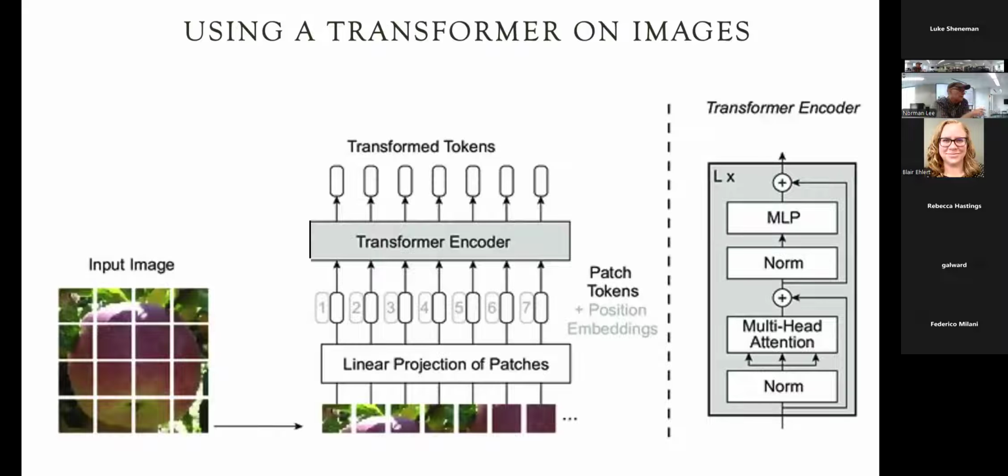So then you can take your image, serialize it, use your linear projection to turn that into embeddings, and now you have a series of embeddings. Once you have a series of embeddings, you can do transformer stuff with them, right? They're just embeddings.